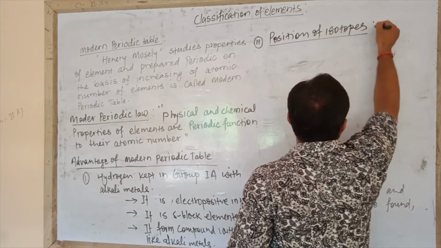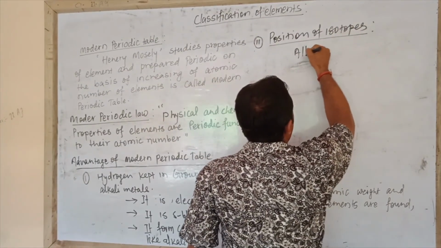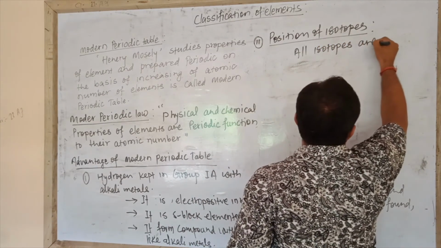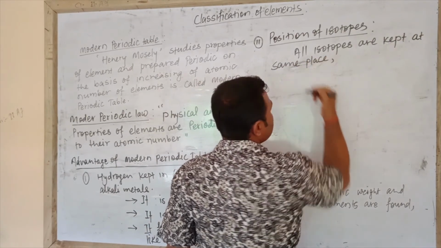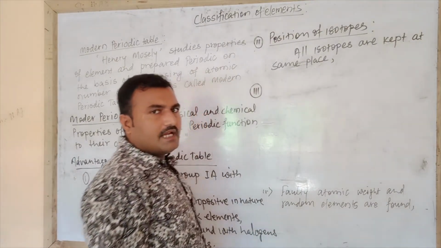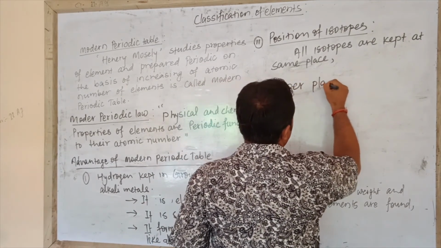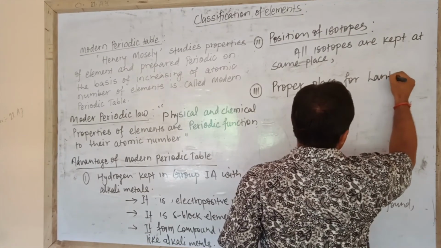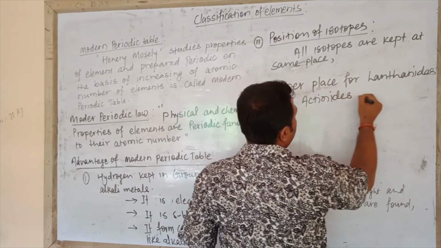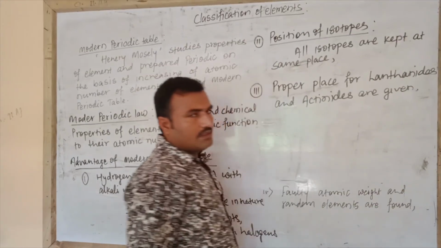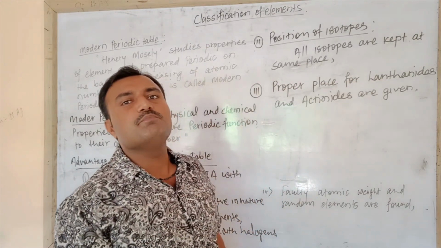When elements are arranged in increasing order of atomic number, all isotopes are kept at the same place, in the same cell of the periodic table. Another advantage is that a proper place for lanthanides and actinides is given. Lanthanides and actinides are f-block elements, and due to that reason they are kept below the periodic table.